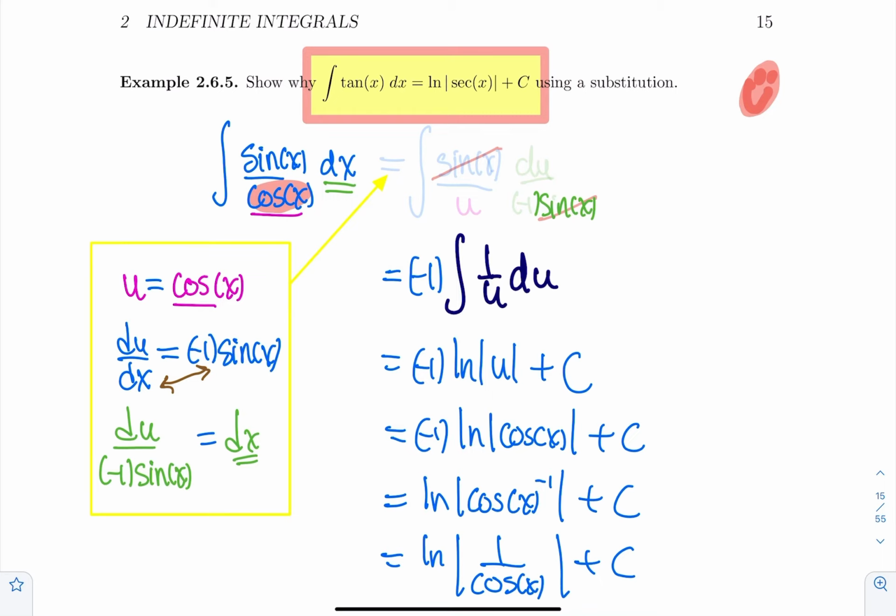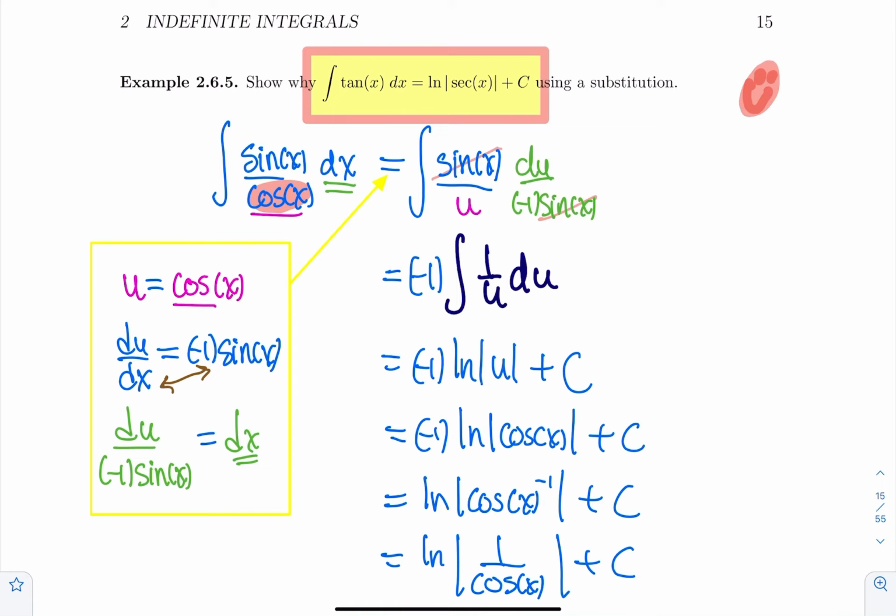So here I have the integral. So sine, not part of the deal yet. Cos is simplified to u, and dx is replaced by du over minus 1 sine of x. And now simplification time. So here we go, sine and sine, bye-bye.